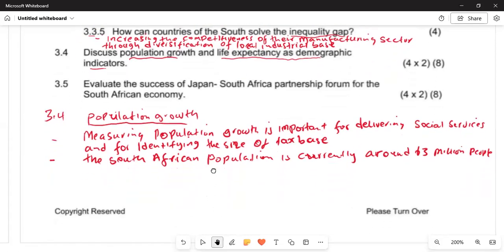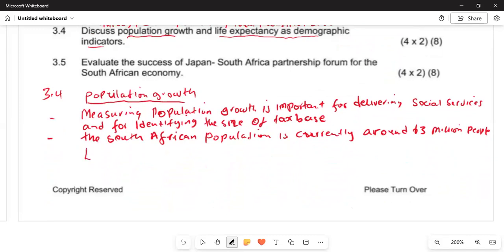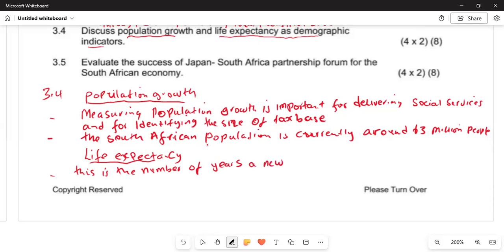Life expectancy is the number of years a newborn baby is expected to live. That is that.